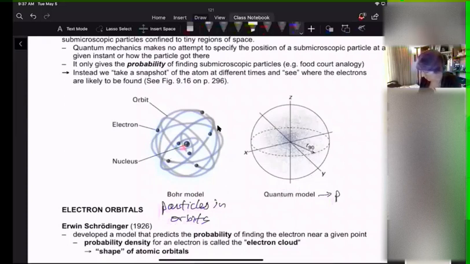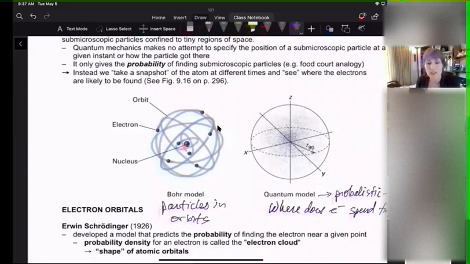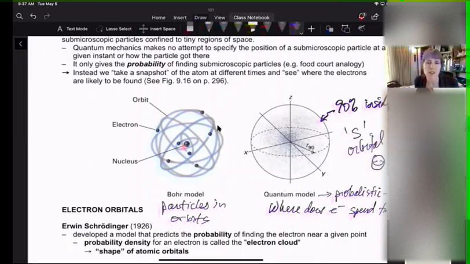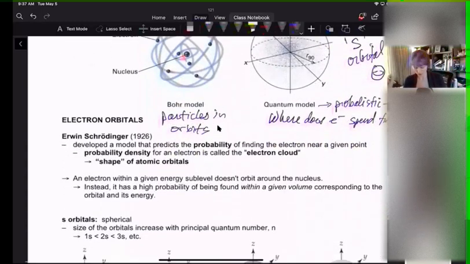So this is probabilistic. Where does the electron spend time? Usually it's pretty close to the nucleus, and it gets less likely, but then we just decide, right? We say, okay, we are 90% sure it's inside this boundary. And that's what we're going to call our s orbital. It's spherical. S comes from spherical. So we talk about this as the electron cloud, where we're likely to find that electron.